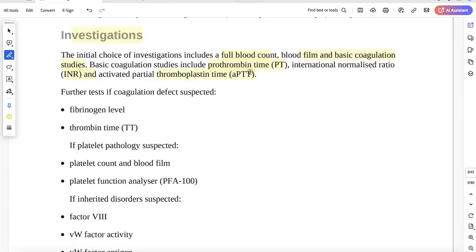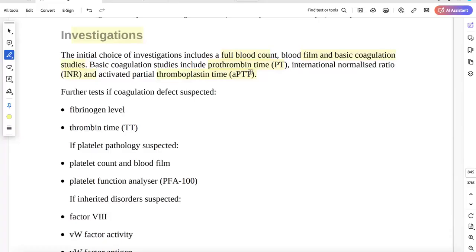So factor 7 is the main one in the extrinsic pathway, and then there are other common pathways as well. Whereas the APTT looks mainly at the intrinsic pathway, and the intrinsic pathway is mainly factors 9, 10, 11, 12, or mainly 9, 11, 12, and factor 8. Or you can remember factor 8, 9, because that's more important.